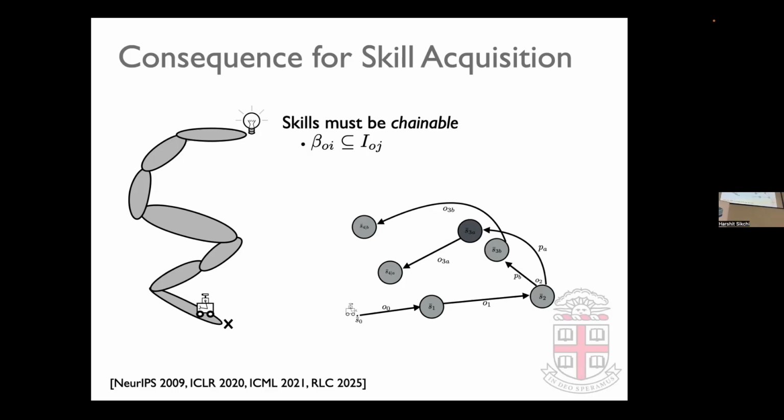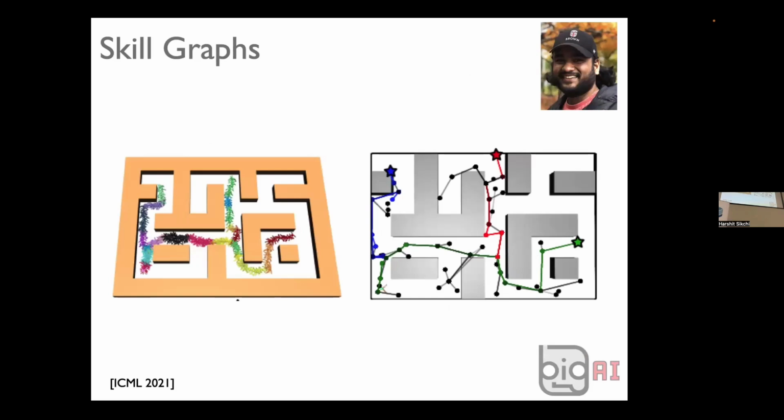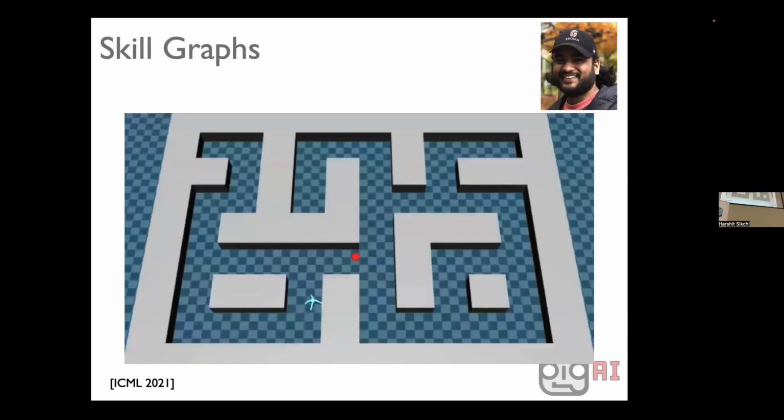So we spent a lot of time thinking about how we build action discovery algorithms that can discover skills that are sequentially composable. Okay, so this is from my PhD student Konidaris, who's now at Amazon, and he's been working on some fairly complex domains. This is an example with the ant robot, an ant in a really complex maze, that builds a graph by executing skills that were constructively connected.